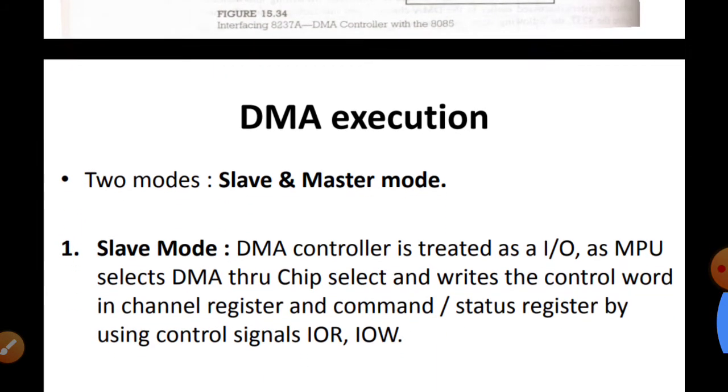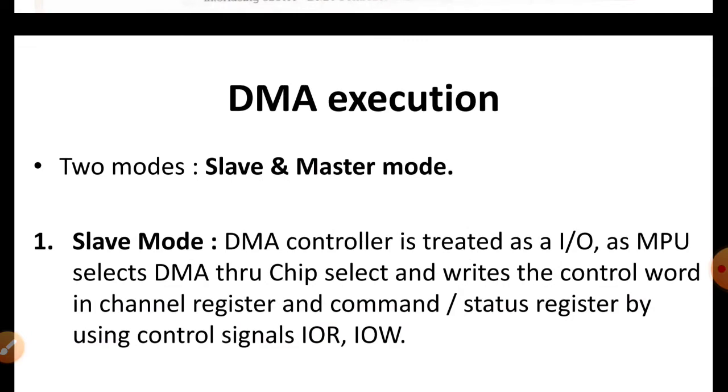Now, how does DMA execution take place? As I told you, it works in two fashions. It first works in slave mode, and another time it works in master mode.